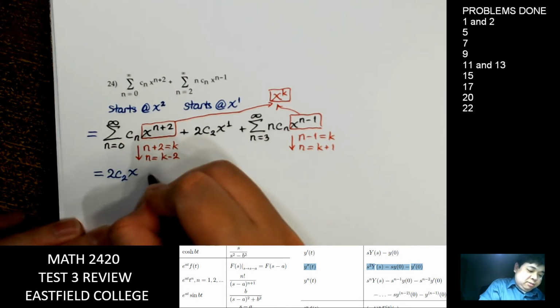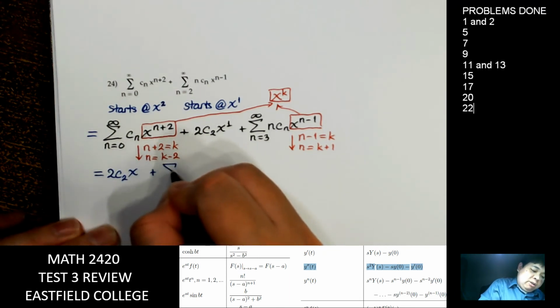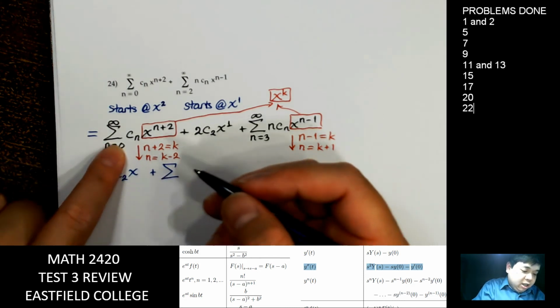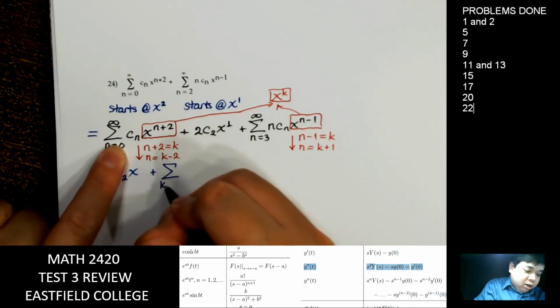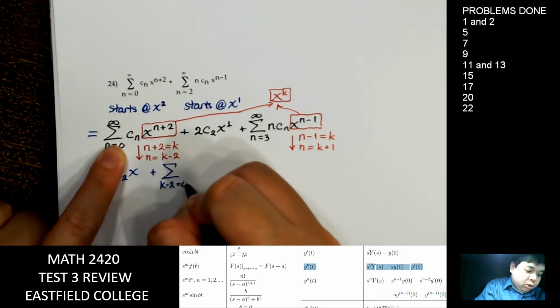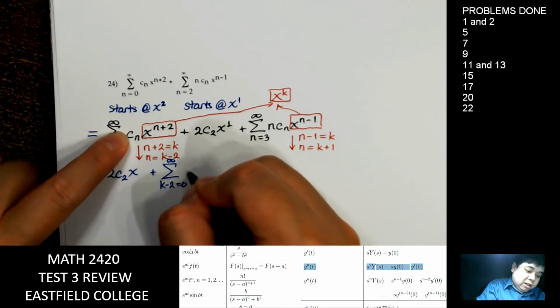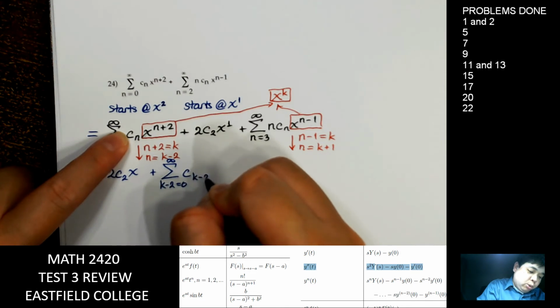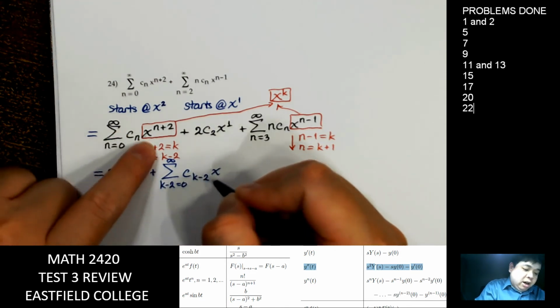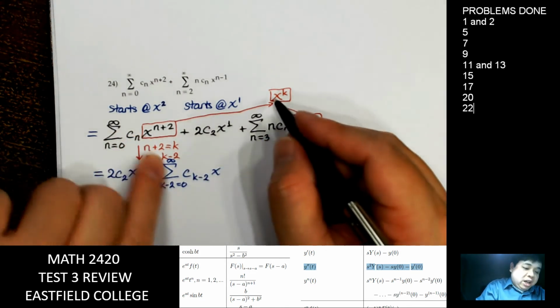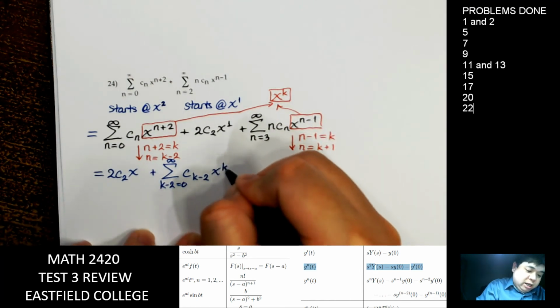Alright, now the first series, instead of n, we use k minus 2 equal to 0 to infinity. C of n, that will be c of k minus 2. X of, now since we match that to x to the k, so that must be x to the k.